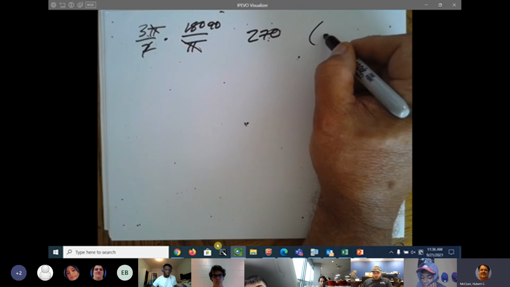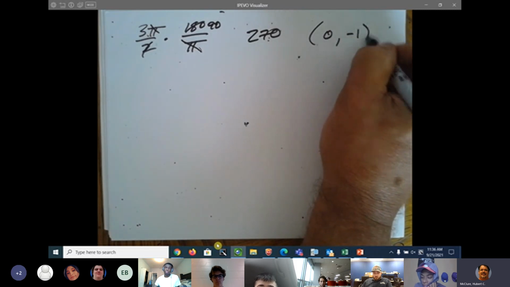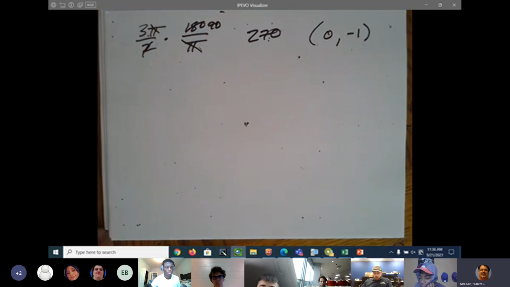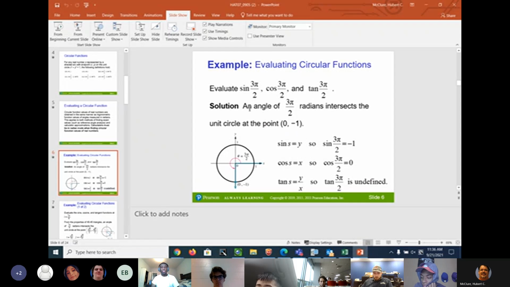The cosine is 0, and the y is negative 1. So when you're asked for the sine of 3 pi over 2, the sine is negative 1. And there's the sine right there, negative 1. What's the cosine of 3 pi over 2? The cosine is 0. And there's that.